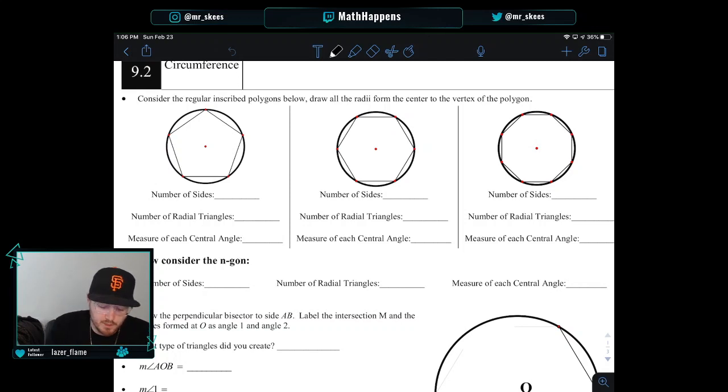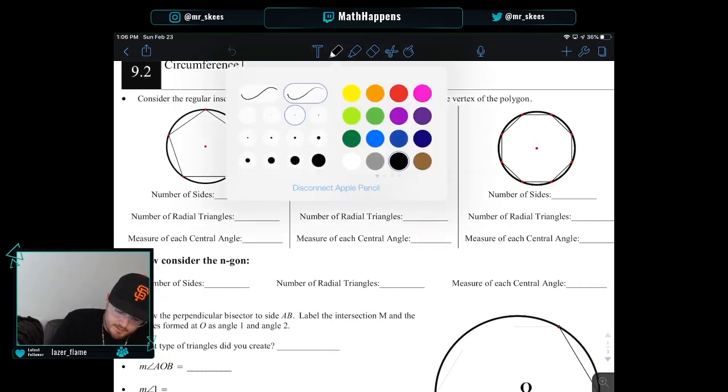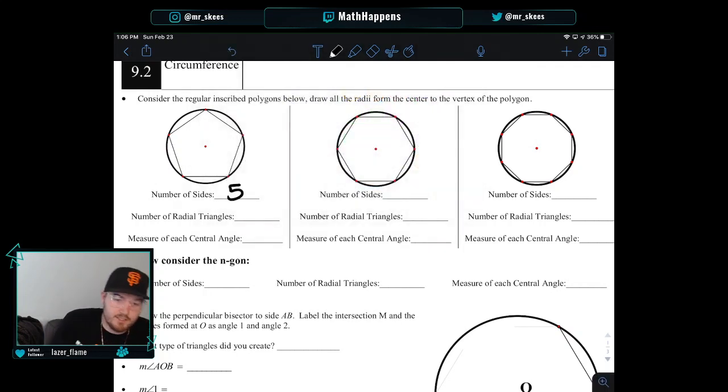So this first one, we have a pentagon inscribed in a circle. How many sides are there? Clearly, there's 5 sides to our pentagon. How many radial triangles are there? Well, let's draw this with me here. Draw from the center to each vertex for me. I'm going to make them super nice and straight like I was in the last video.